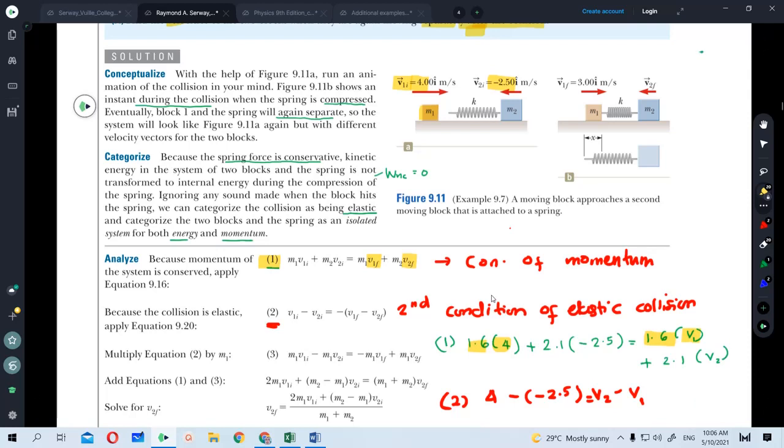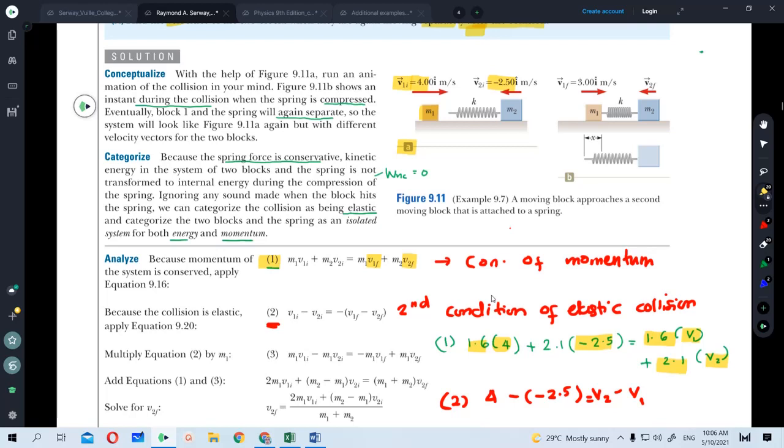This figure is meant for another question. For question B, we are now looking only at A. The second block, which moves at negative 2.5, has mass 2.1. After the collision, we jot down its velocity as V2. If we calculate V2, it belongs to the 2.1 kilogram block.